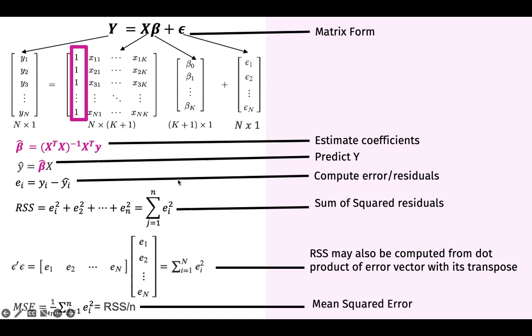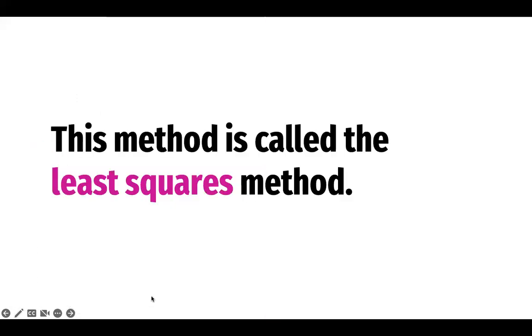Okay, and now the mean squared error is simply the RSS divided by n, which is the number of samples. Now, this method is called the least squares method, a closed form method that is estimated from the data itself.